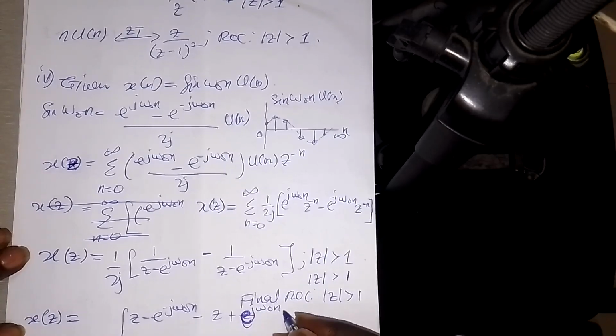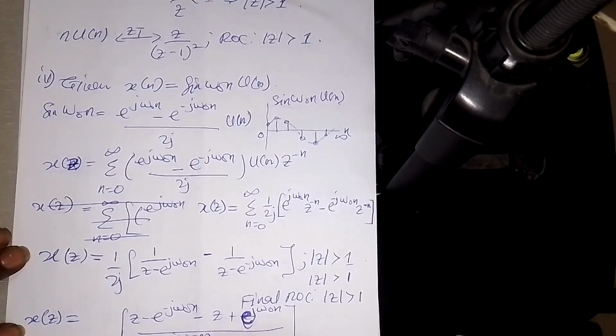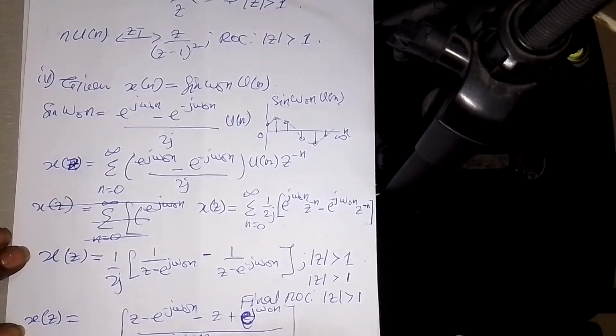So basically this is what I'm going to have, all over Z minus e^(j omega naught n) into Z minus e^(j omega naught n), but here this place is minus like this.